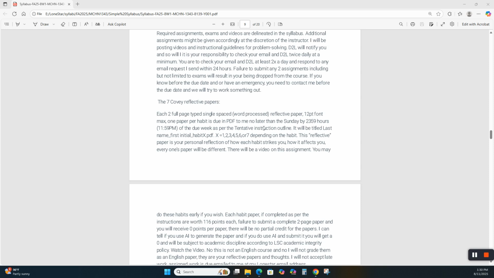In the instructional outline, you're going to title your PDF your last name underscore first initial underscore habit X, like habit 1, habit 2, habit 3, habit 4, etc. And then you will email that as an attachment to my email address, michael.l.young@lonestar.edu. This reflective paper is your personal reflection of how each habit strikes you, how it affects you.